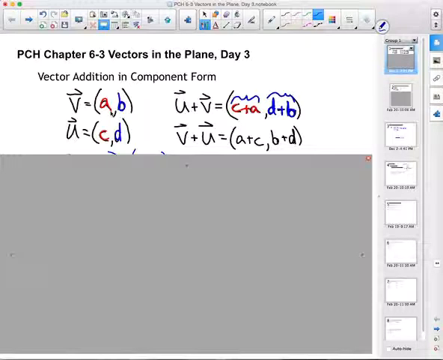And we do know that the commutative property applies to real numbers, right? So I could then say, since a and c are real numbers, c plus a equals a plus c. And since b and d are real numbers, d plus b is b plus d. So therefore, I end up with the same thing I got when I did v plus u. And guess what? We've just proven that vector addition is commutative.